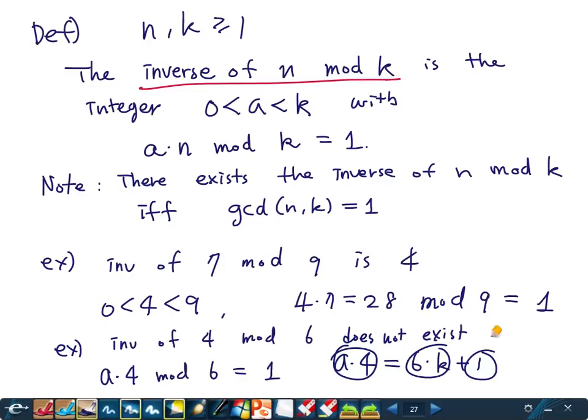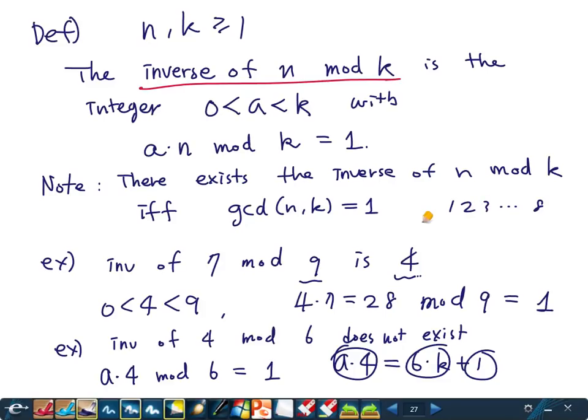All right. So the question is, how can you find the inverse? Here you can just try some numbers. Actually, the inverse, if it exists, must be one of these: 1, 2, 3, 8. You can try 1, 1 times 7 divided by 9. The remainder is not 1, so we have to go to the next one, 2.